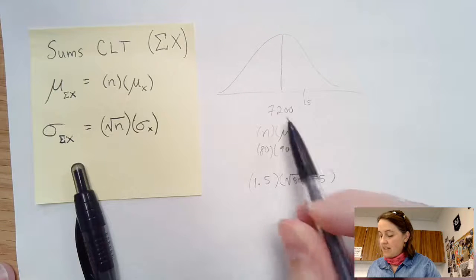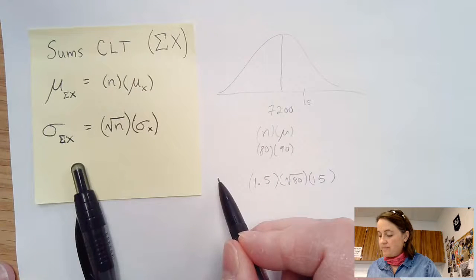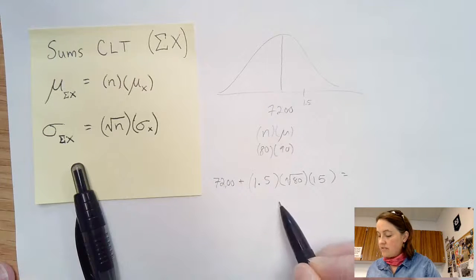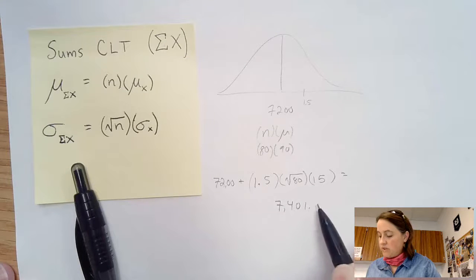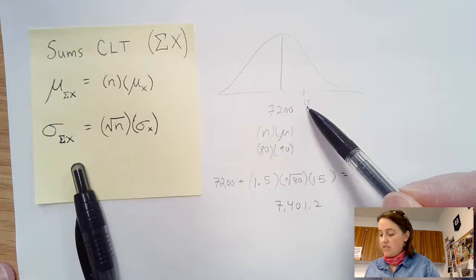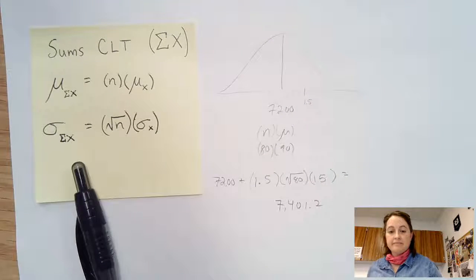And we have to add that to the 7,200. And that gives us the value of 7,401.2 is the value that is 1.5 standard deviations above the mean.